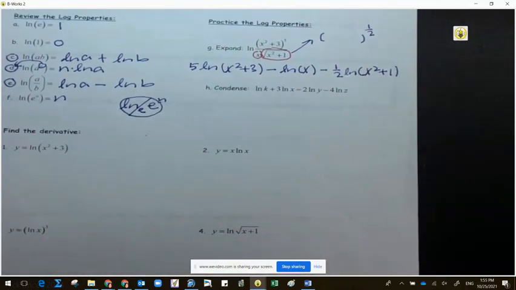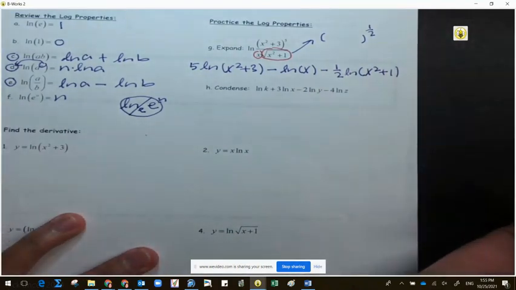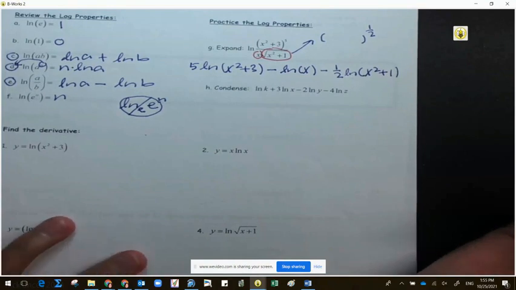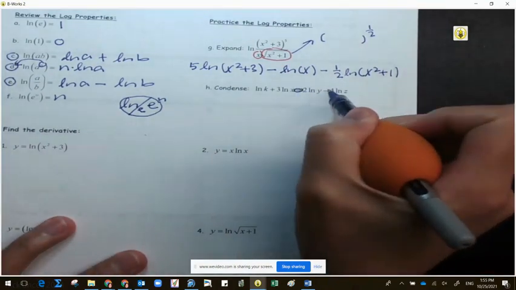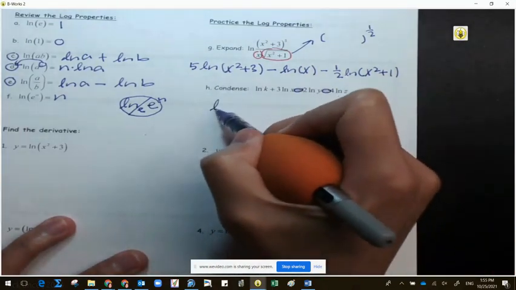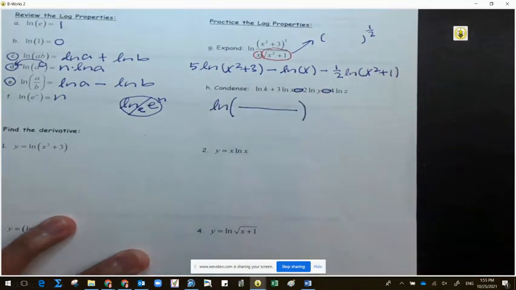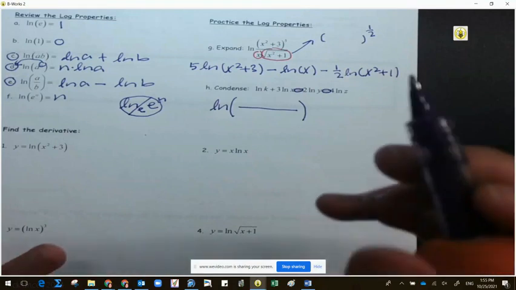Let's see how we would actually go about condensing. When I am condensing, how many things are going to end up in my denominator? 2 of them. Anything that's got a minus sign in front is going to go on the bottom. So let's go ahead and write natural log once and give me a long parentheses. Everything with the positive is going to go on top. Everything with the negative is going to go on the bottom.